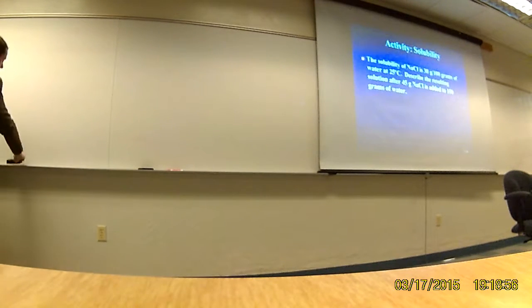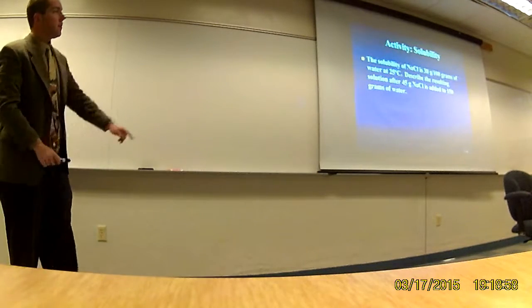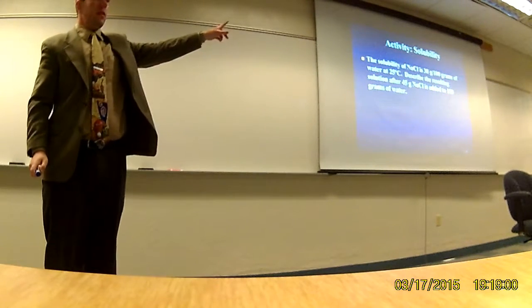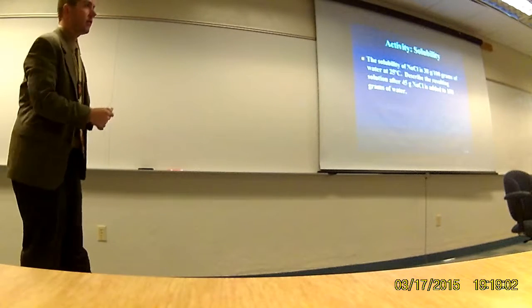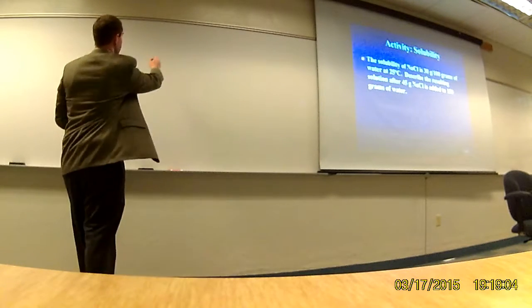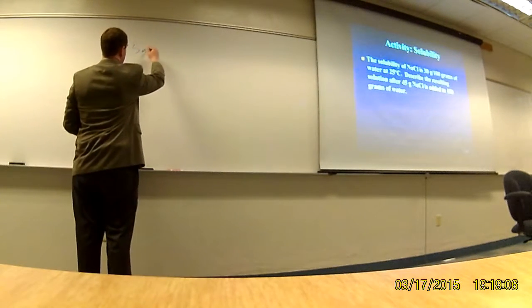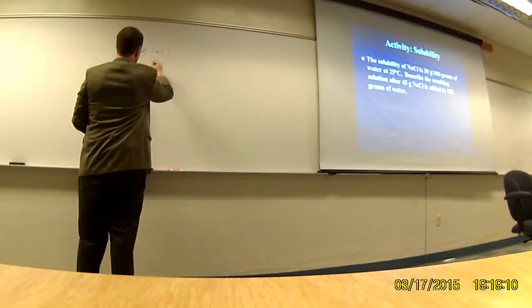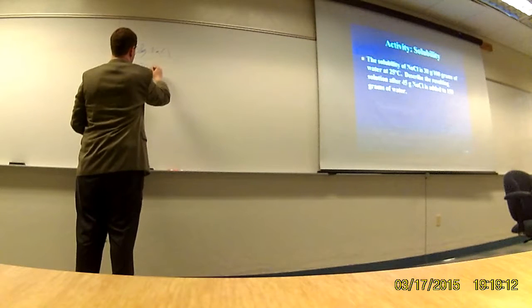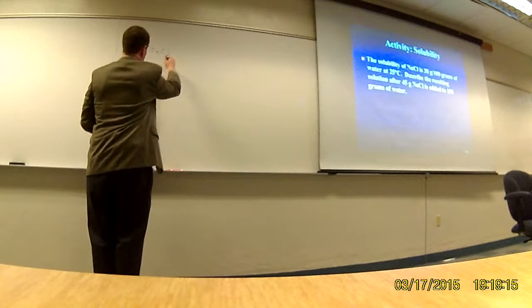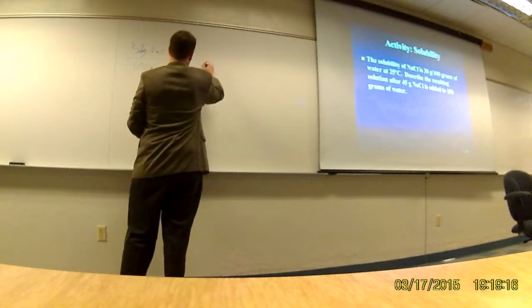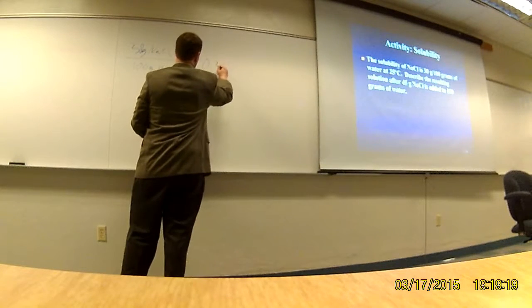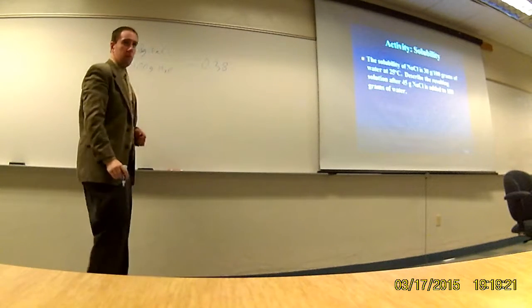So what he did is he took the ratio of the grams of the salt to the grams of water. He said the solubility is 38 grams of NaCl per 100 grams of water. If you do that division, you get 0.38.